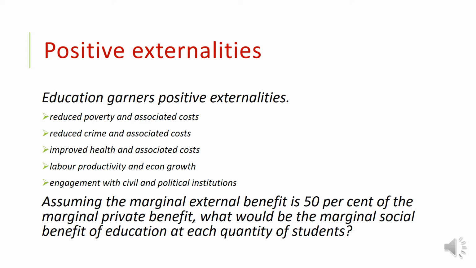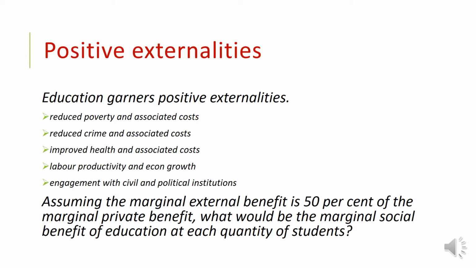There are labour productivity improvements, which result ultimately in economic growth, that is, increased production of goods and services, which can then benefit other people in the society who don't get that education, because the growth in industries increases the incomes of people who are in those industries. They spend that money. That increase in spending then generates demand in other sectors of the economy for people who hadn't got that education.